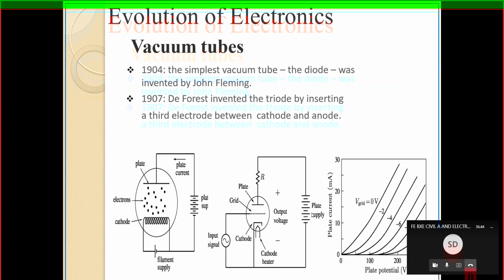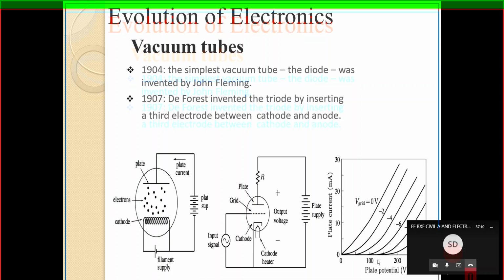Here is the plate supply. Plate supply means a positive regulated power supply. You can use a 12 volt supply. If the 12 volt supply is applied through the resistance, then the plate is charged and the grid is automatically conducted using the cathode heater.